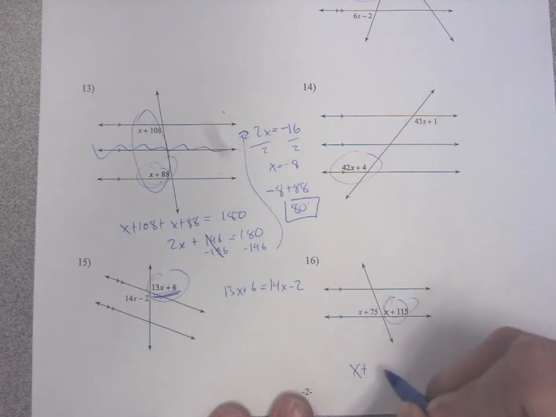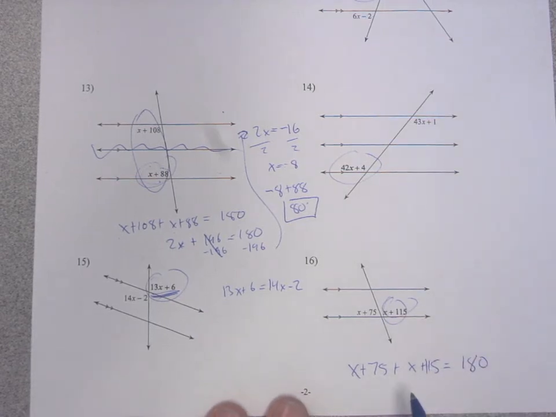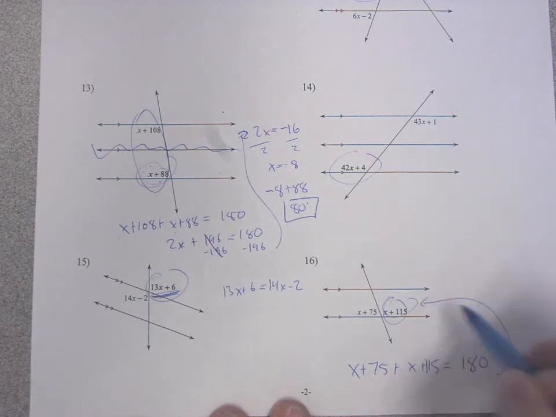We know from the linear pair theorem that the two angles that form the linear pair have to be supplementary. So x plus 75 plus x plus 115 equals 180. That will help you set that one up. Now solve for x and then plug that number back in here to figure out what that angle is.